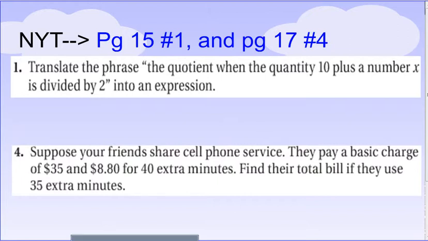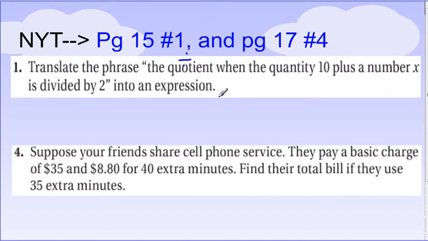Okay. It says here, translate the phrase, the quotient when the quantity 10 plus a number x is divided by 2, into an expression. Okay, so we want to translate this into an expression. All right. So the quotient, which is division, when the quantity 10 plus a number x is divided by 2.